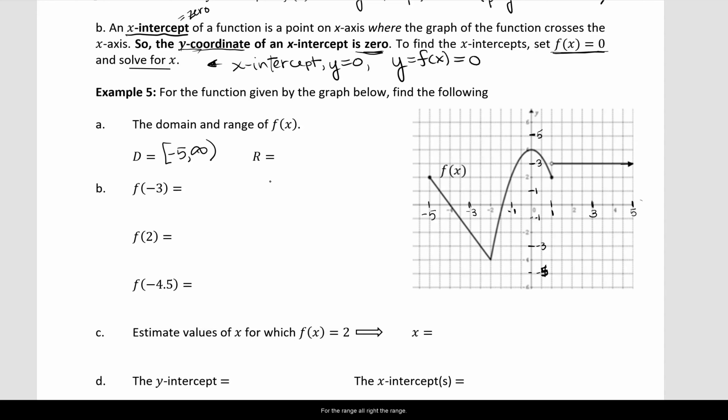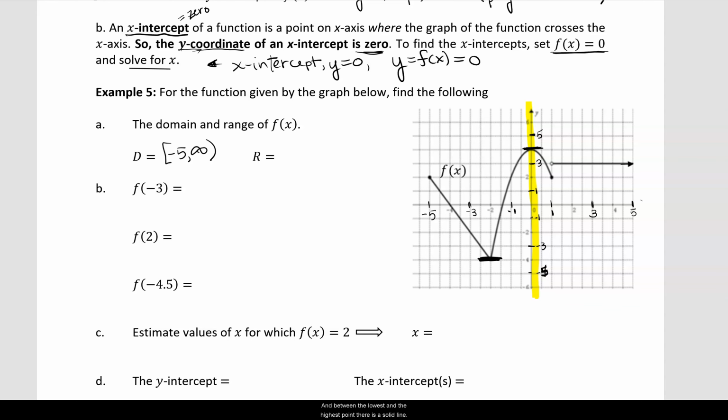For the range, all right, the range is along the y-axis. So we're going to be moving along that y-axis from the lowest to the highest. And as we move along the y-axis, once again, looking at our graph and scanning left to right, we notice that our graph has a lowest point here and a highest point there.